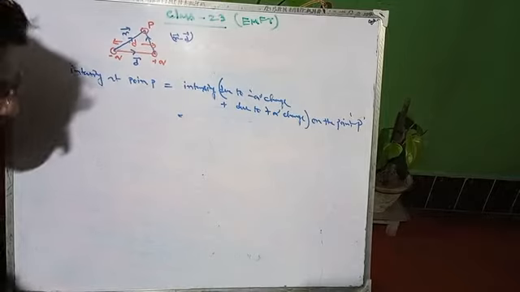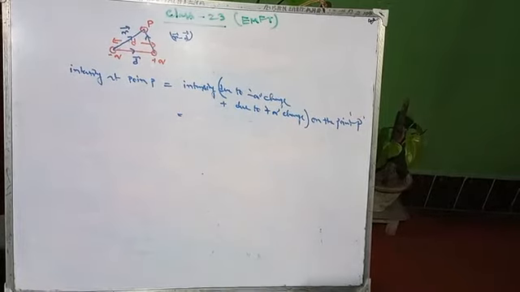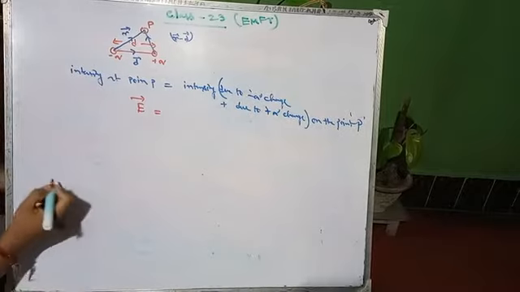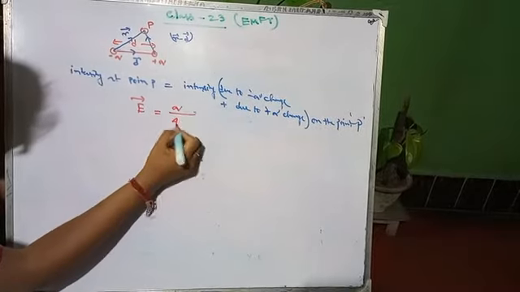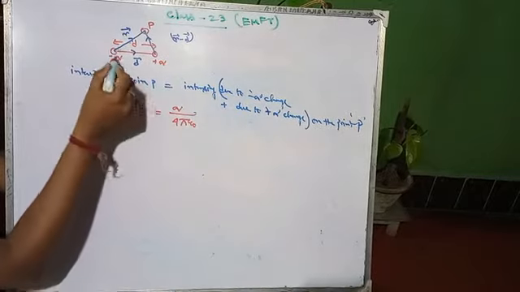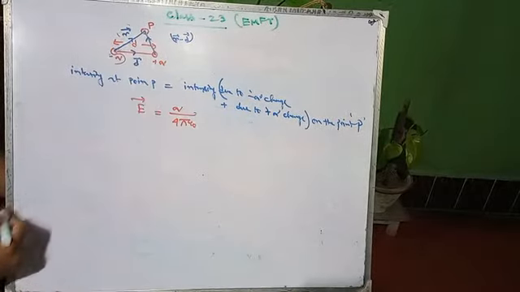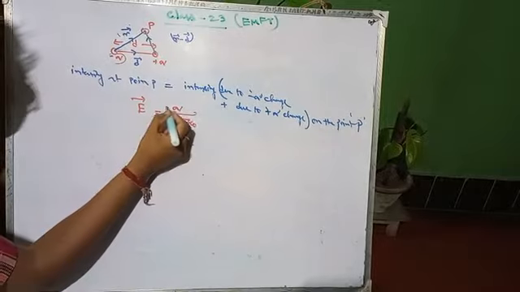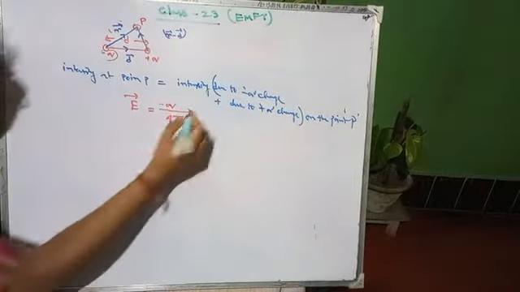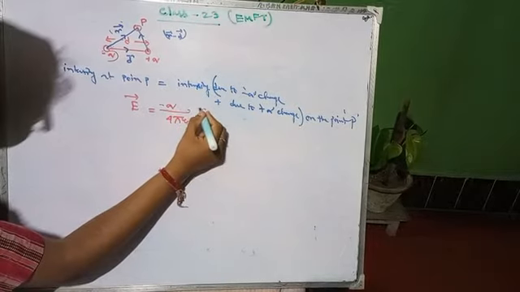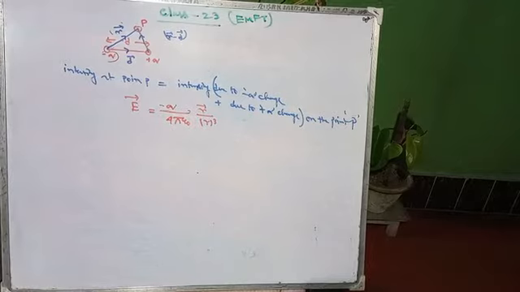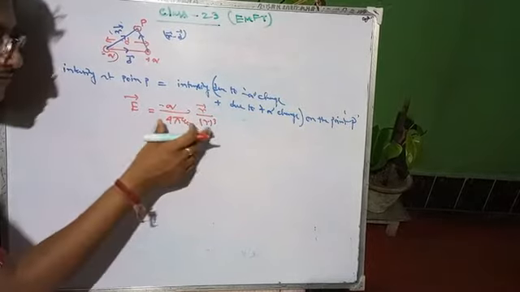Whatever the formula, the intensity E vector will be equal to q by 4 pi epsilon naught. Taking minus q here, it will be r vector by r cube, because we have derived this formula.